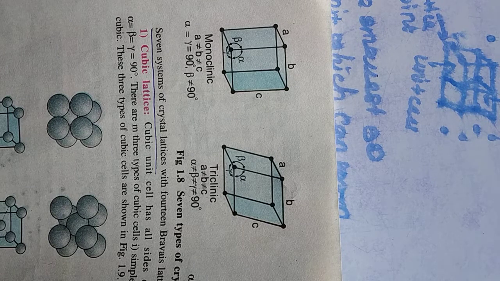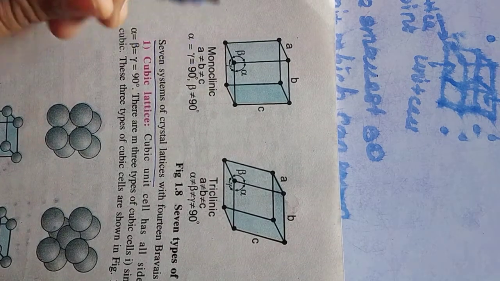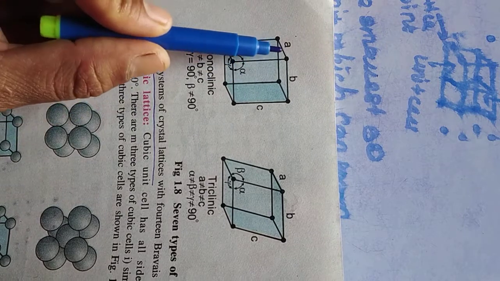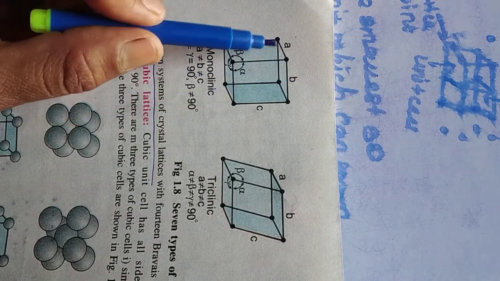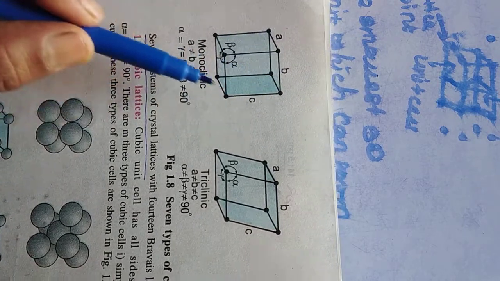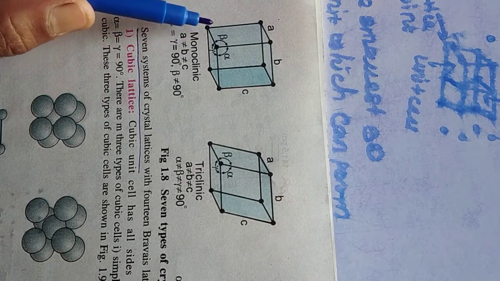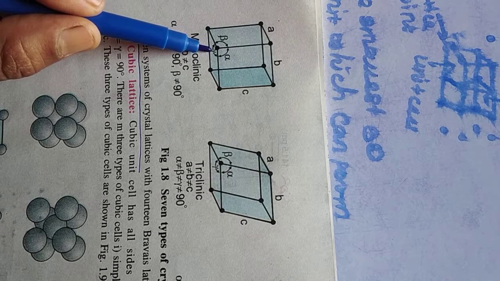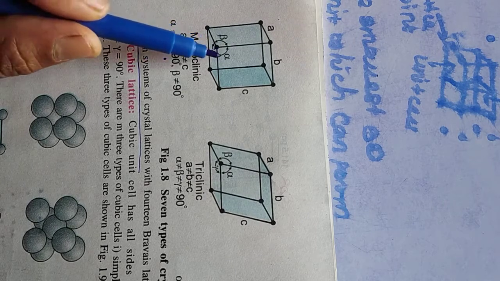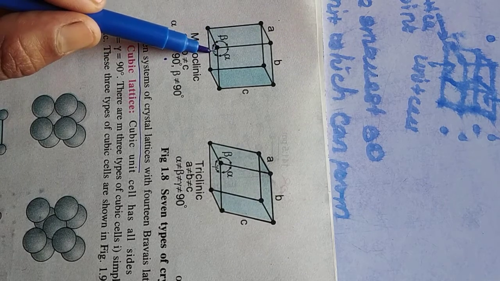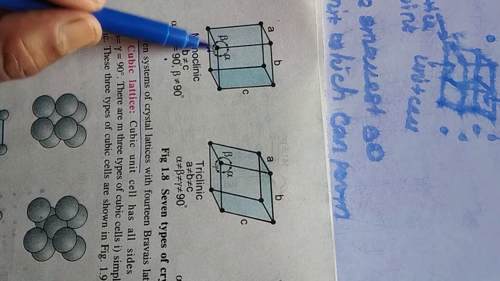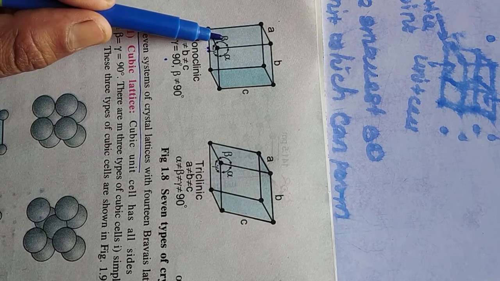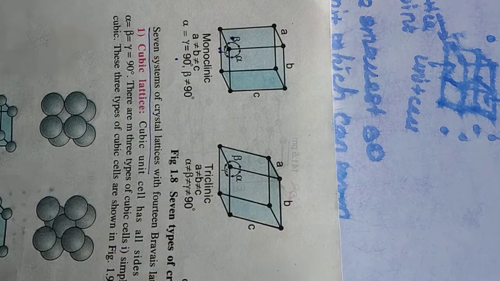The first one cubic, second tetragonal, then orthorhombic, then fourth one monoclinic. Here in monoclinic, all edges are not same. A is not equal to B is not equal to C, and alpha and gamma are both 90 degree, but beta is not equal to 90 degree in case of monoclinic.